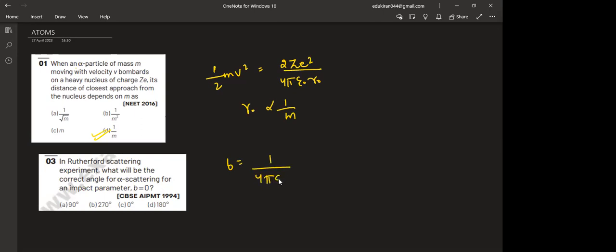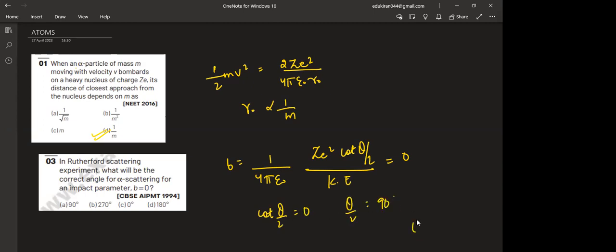So this is 4 pi epsilon naught Ze square cot theta by 2 divided by the kinetic energy. This entire term is equal to 0, so only cot theta by 2 will be equal to 0. So theta by 2 will be 90 degrees, so theta will become 180 degrees. So this is again the D option. Note it down.